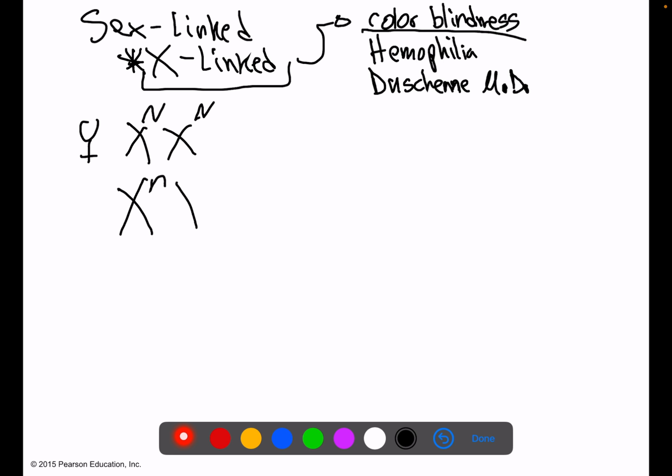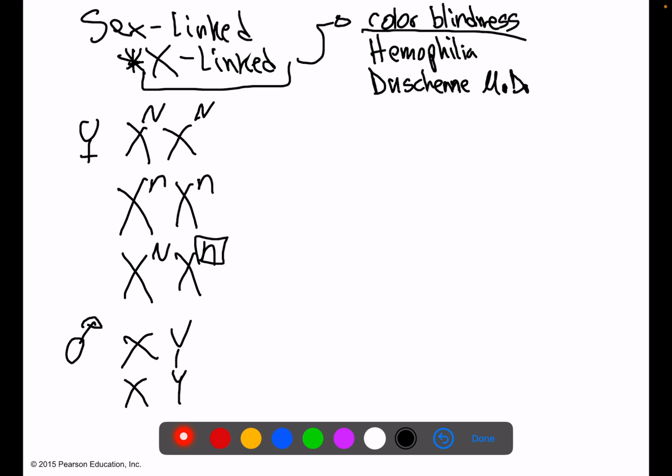Or they can be homozygous colorblind, or they can be heterozygous carriers, we would say. They carry the recessive allele. Males, on the other hand, they are XY, so they are either normal vision or they can be colorblind.